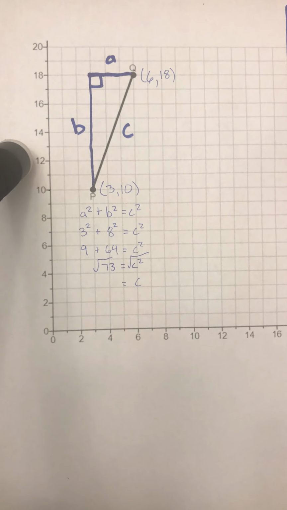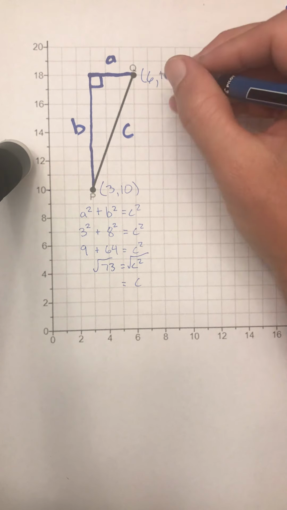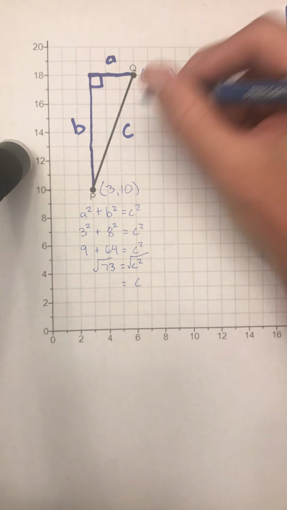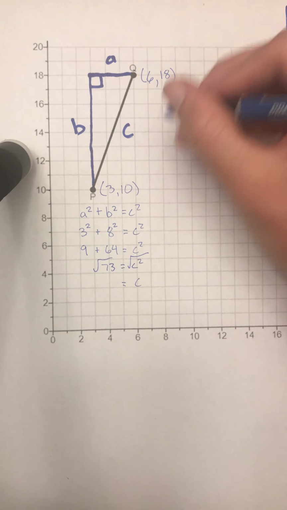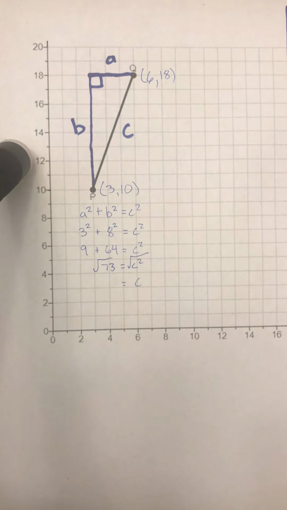Now you just find the distance between those points. To go from your x values, from 3 to 6 is 3. From 10 to 18 is 8. So there's a number of different ways to find your coordinates before plugging it into the formula and getting your answer.